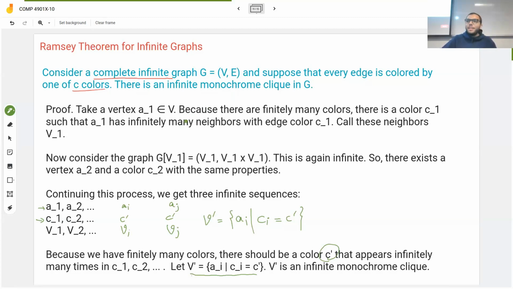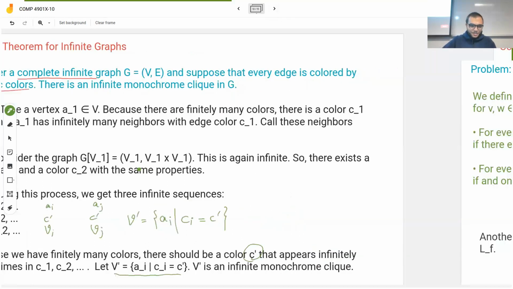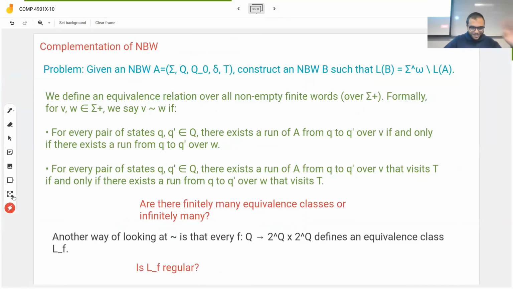What does this have to do with non-deterministic Büchi automaton? You might think I'm just making fun and telling you something completely irrelevant, but let's actually get back and see the amazing proof of Büchi. Every time I see this proof, I'm amazed at how he got to this.